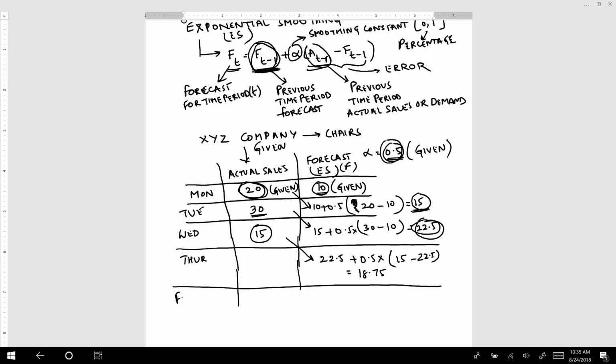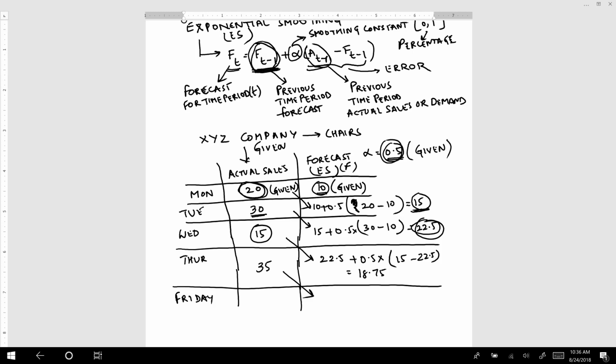Finally, I will calculate for Friday. To calculate Friday, at the end of Thursday we would have got the actual sales, suppose 35.